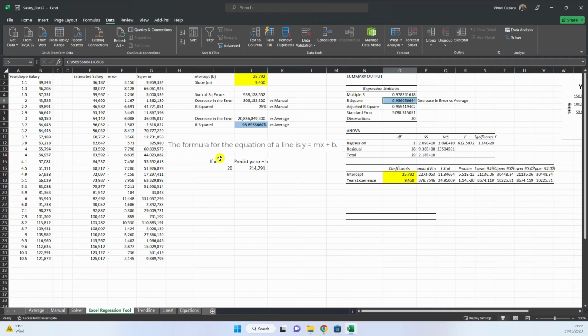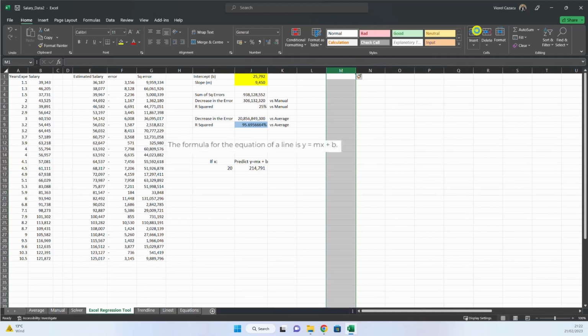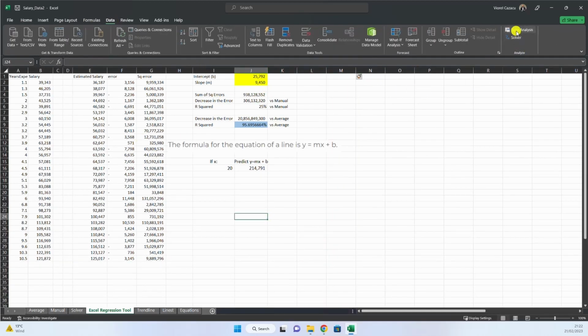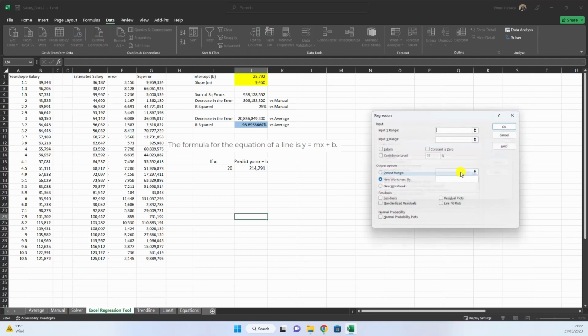Now, the third way of doing this regression is with the Excel regression tool. So I will hide this. Actually, I will insert more columns. Okay, and we will go to data analysis, and we go to regression.